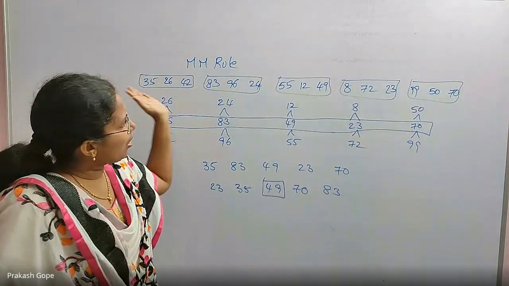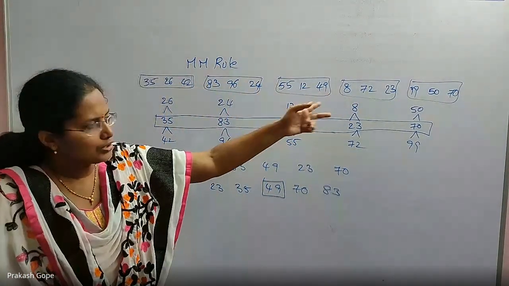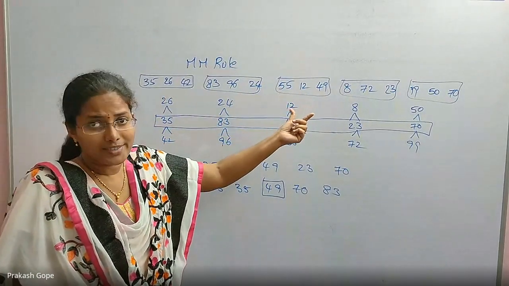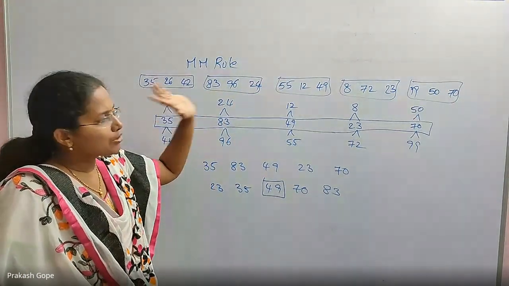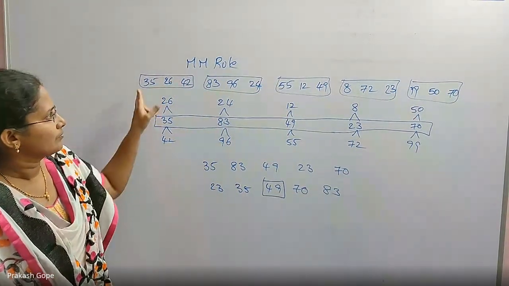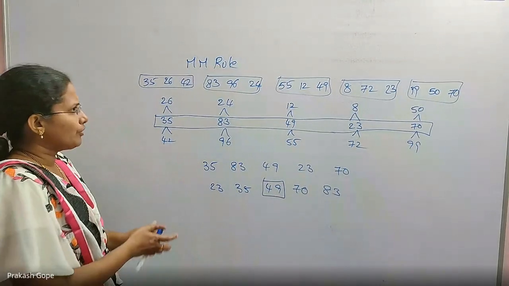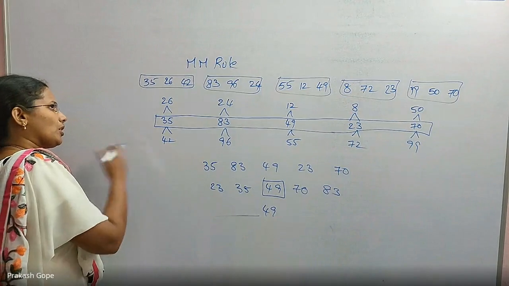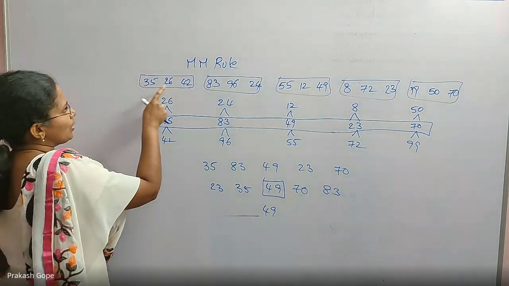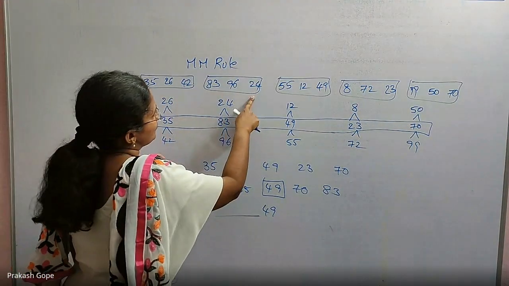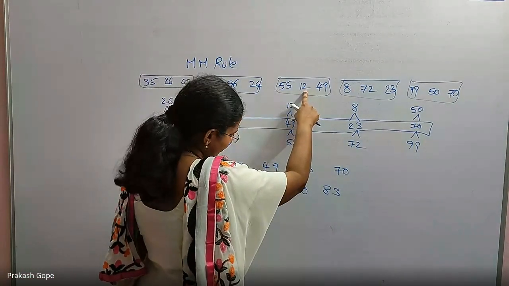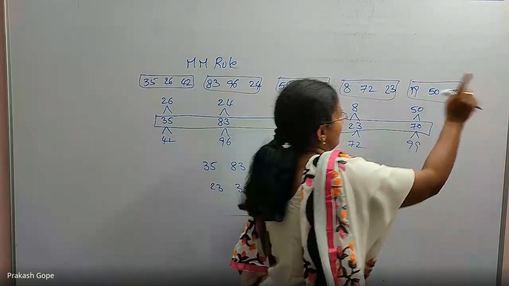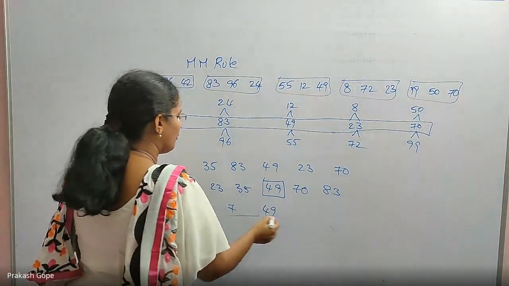Among all these elements, how they are spread. Isn't 49 almost middle? Not exactly, need not be exactly middle. Almost middle place or not? If you observe, if you want, I'll write 49. How many elements are smaller than 49? You count 1, 2, 3, 4, 5, 6, 7. 7 elements, including 49, 8.